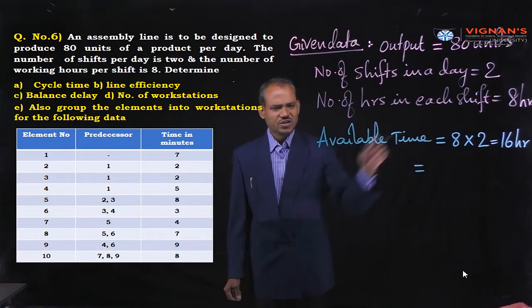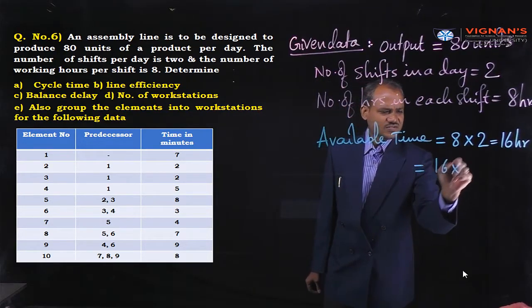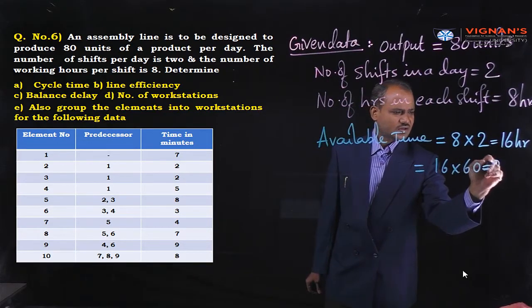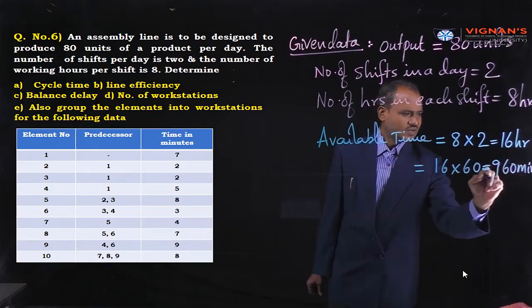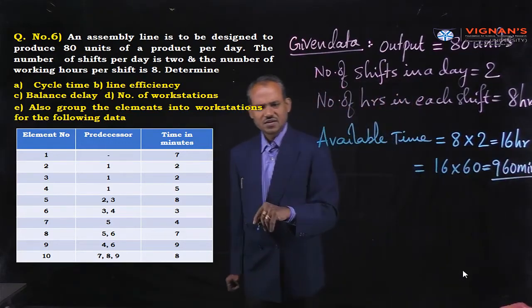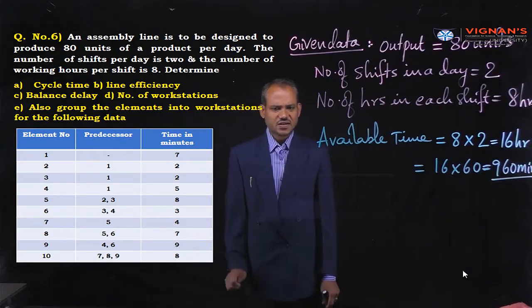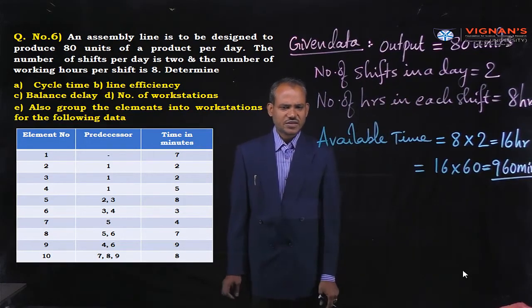Therefore, convert hours into minutes. 16 into 60 is 960 minutes. 960 minutes is the available time. This is the given information from the question.